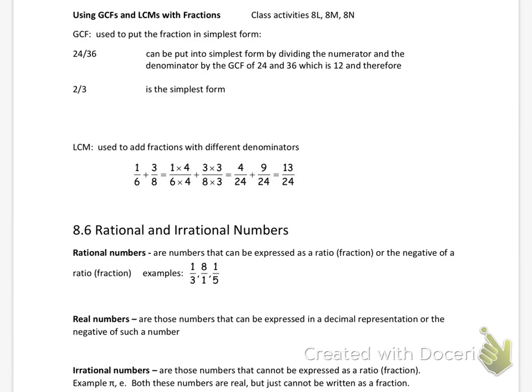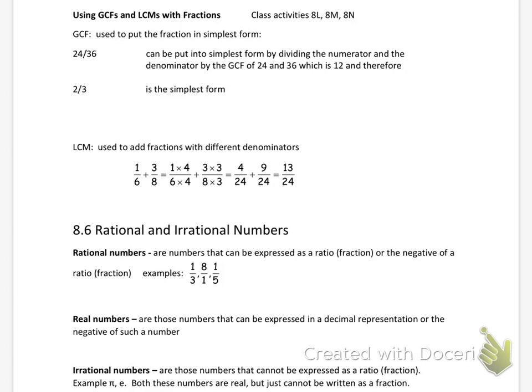Okay, so just to recap, the slide method we just demonstrated can be very helpful in doing certain operations with numbers. For example, the GCF is used to put a fraction in simplest terms.